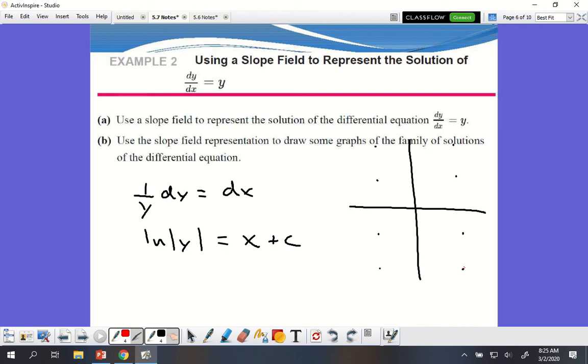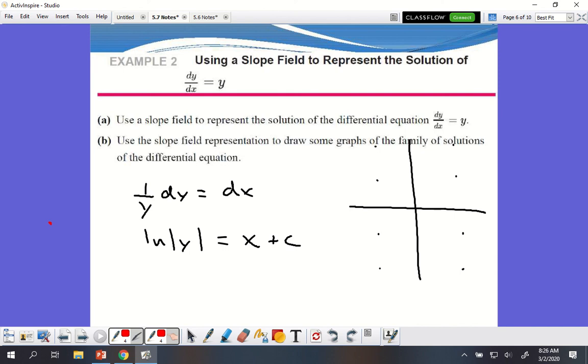All right, so I'm going to start plugging in some numbers for this. So if I plug in the point 0, 0, ln 0 is 1, and x is 0. Okay, so c equals 1.